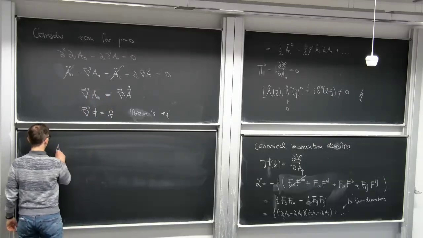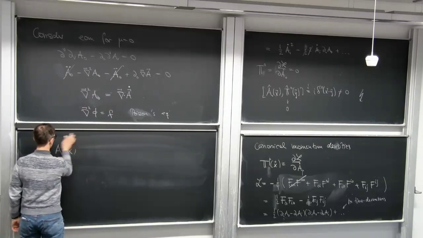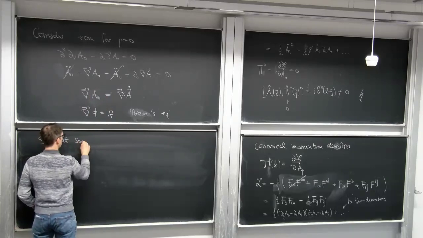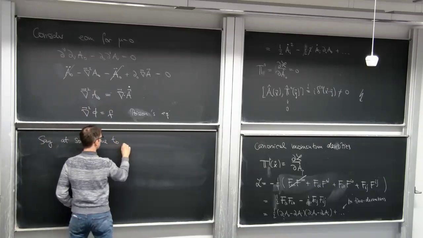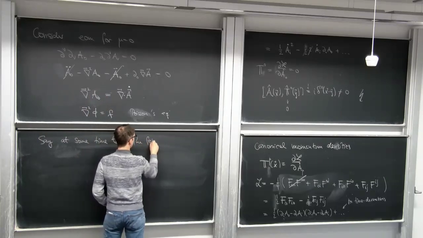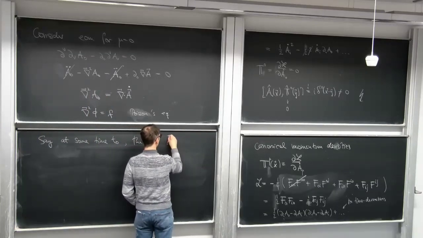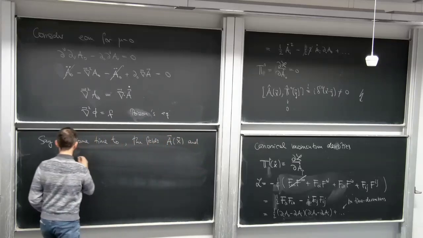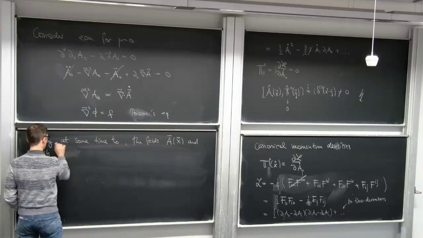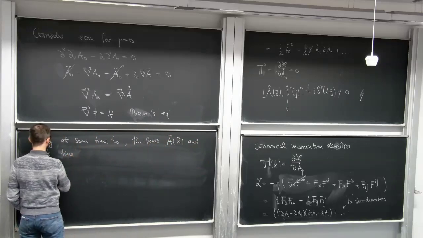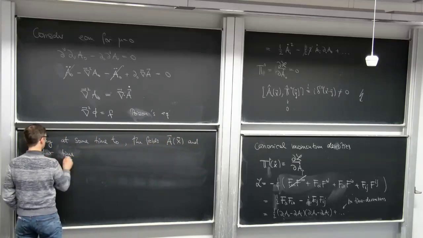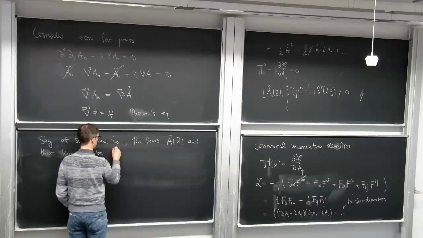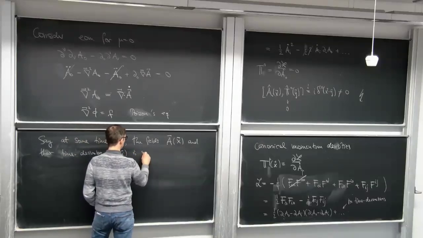So my A 0 of x, A at some time t0 yields a vector of x and its time derivative, A dot, is given.